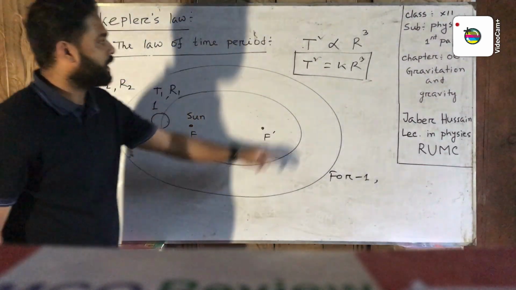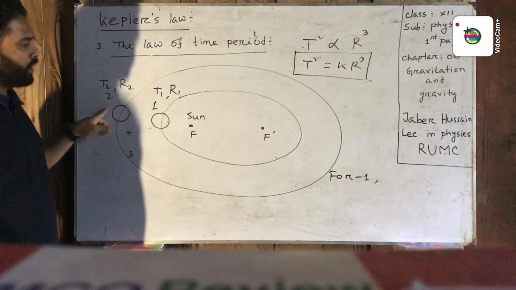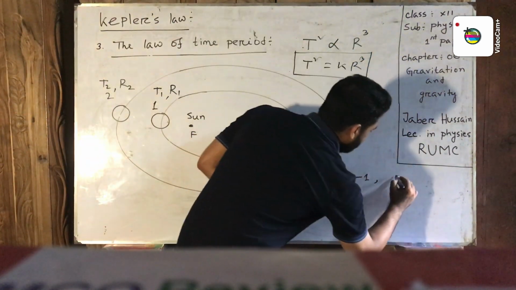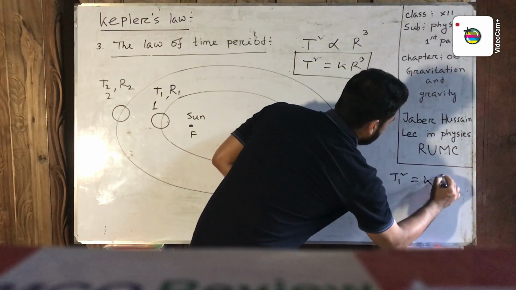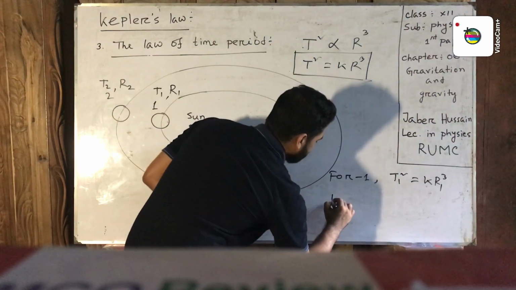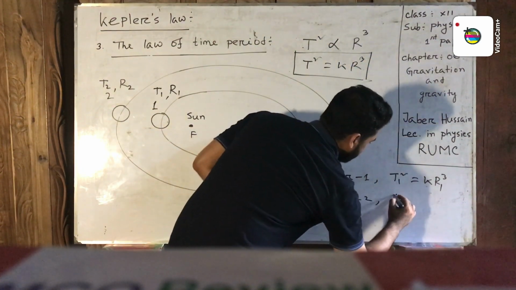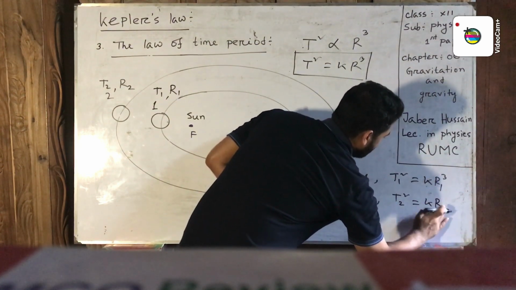Now we write this equation for planet 1 and planet 2. For planet 1, T1 square equals k R1 cube. And for planet 2, T2 square equals k R2 cube.